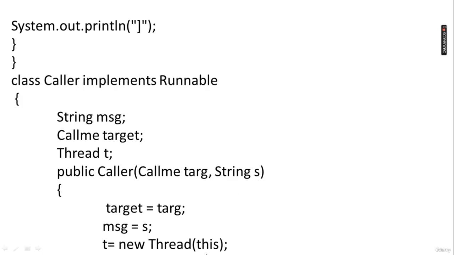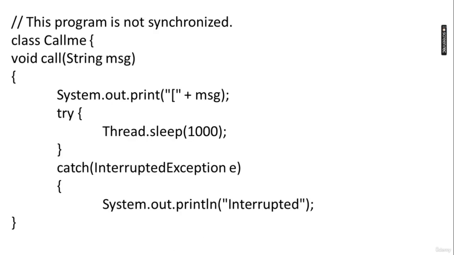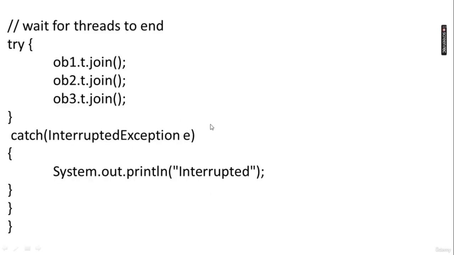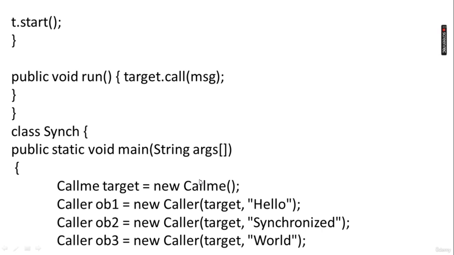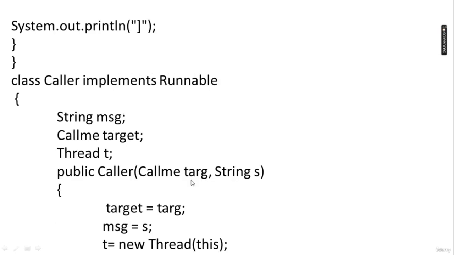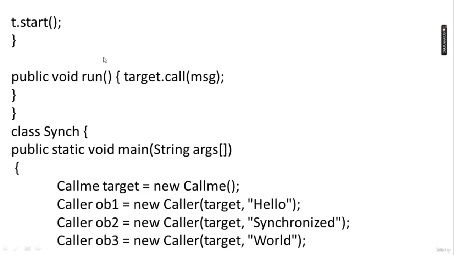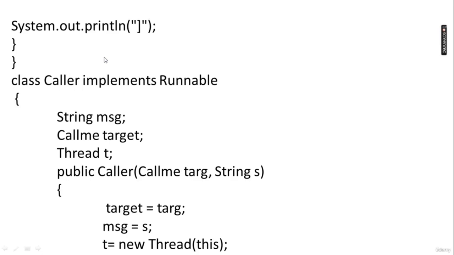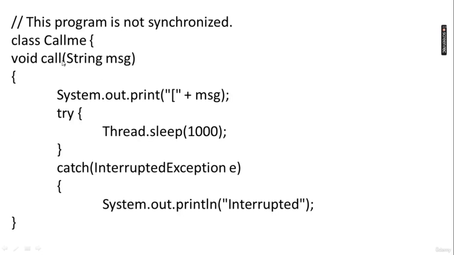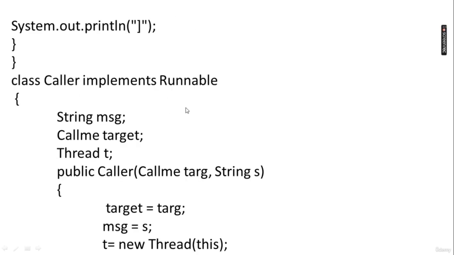Each time a new thread is created in Caller. Each thread is getting created, and for each thread it is calling the call method like t.start. t.start will print the message, but it is not printing the complete message at the same time.